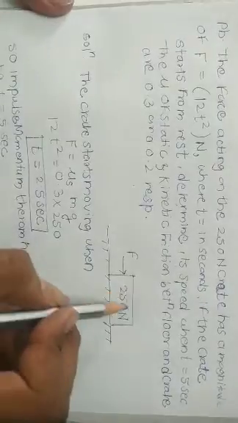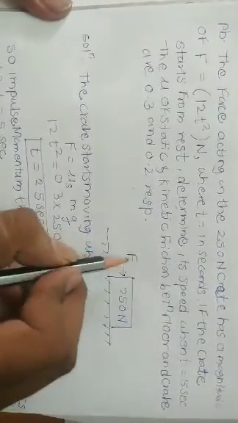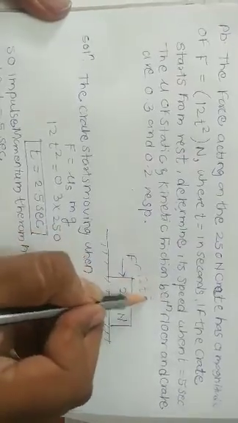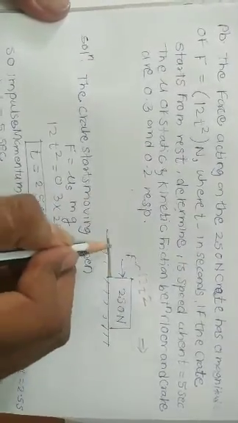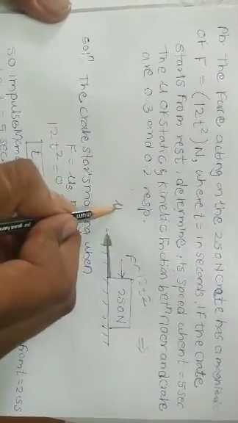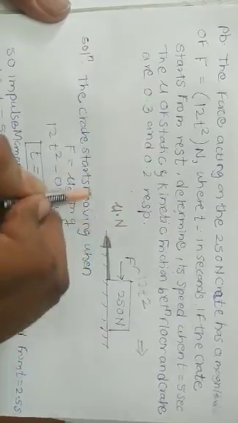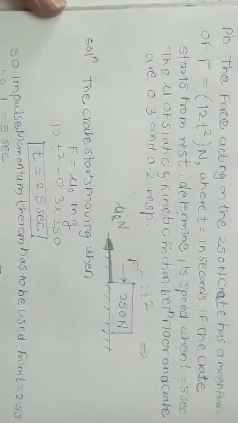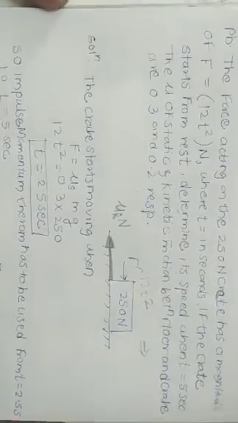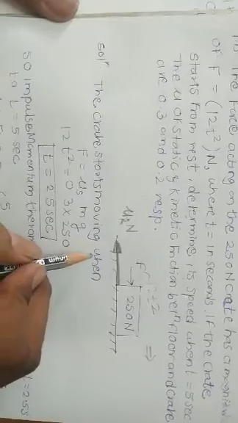The diagram is given. This 250 Newton crate is there, and a force of 12 T square is acting towards the right. To oppose this, there will be a friction force mu times N, and this frictional force will be mu k times N because it is in motion. Now when the crate starts moving, it overcomes static friction.